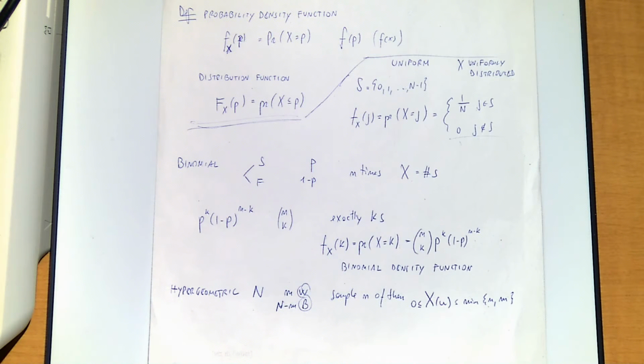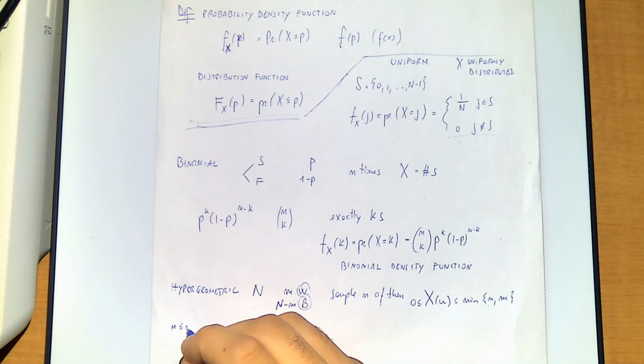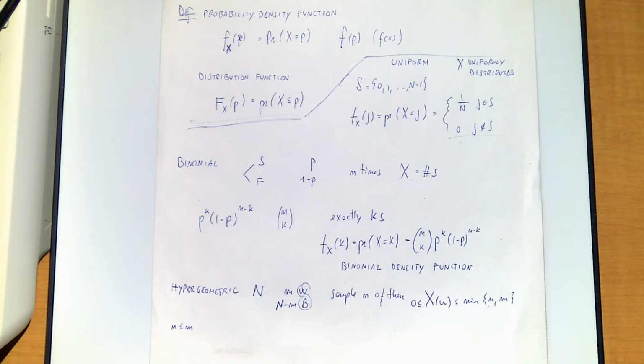If the number I extract is bigger than exactly how many white balls there are, then at most I can have m of them. In the case n less or equal m, I can model this distribution in this way.